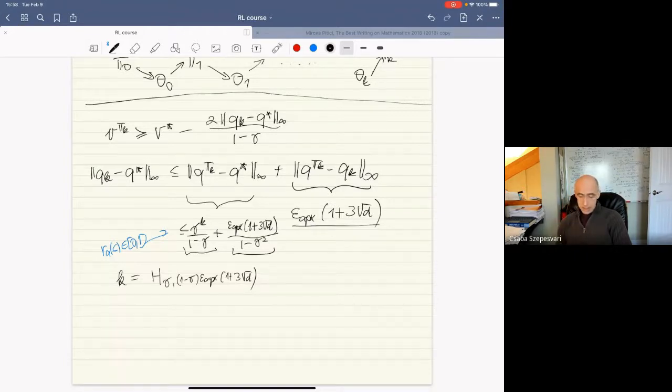And so then the first term is upper bounded by, I don't know, 2 times approximation error 1 plus 3 square root d divided by 1 minus gamma squared, plus there is this other guy, which is without the 1 over 1 minus gamma squared, but I'm just going to inflate it and put a 3 here.